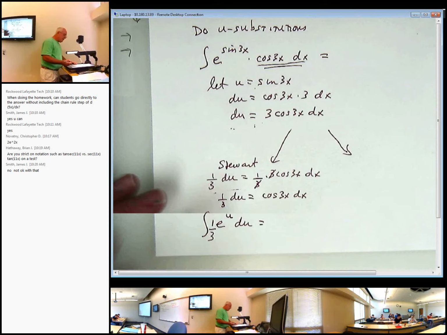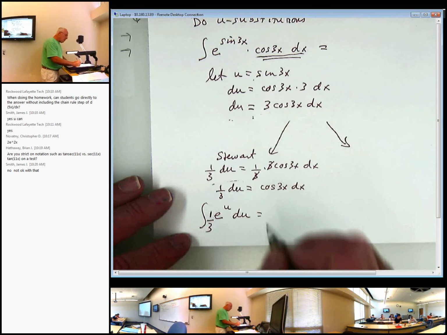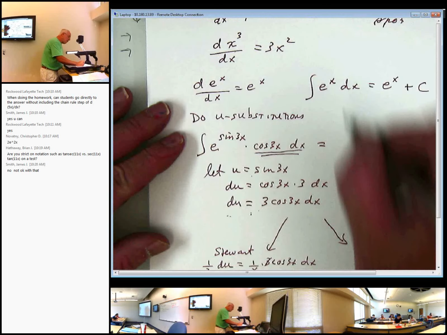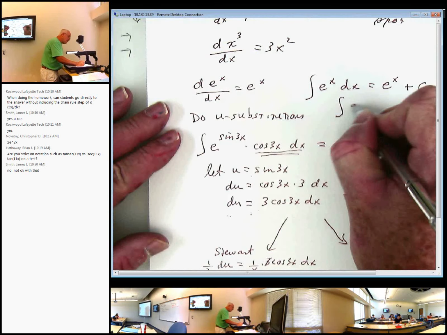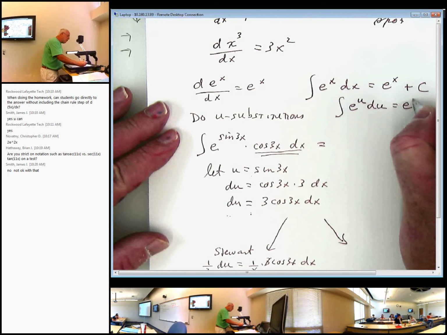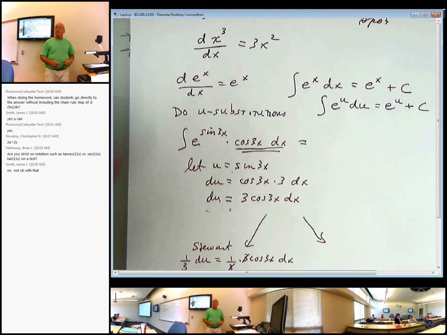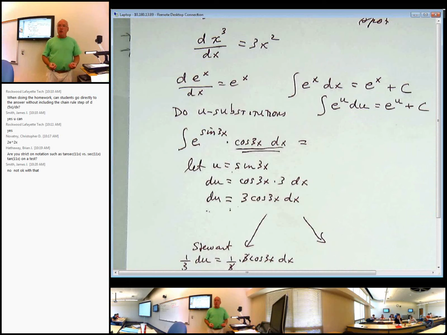Now we find the antiderivative, which is very easy in this case because, let me go back up here, the antiderivative of e to the u du is also e to the u plus c. All I'm doing is replacing the letter x with the letter u.